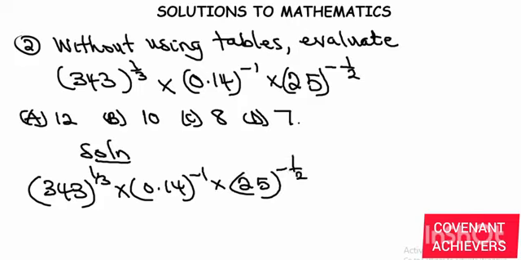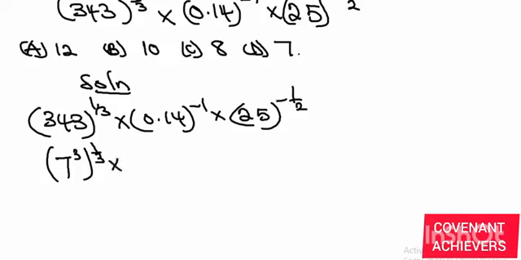Now, this is going to be 7 raised to power 3 raised to power 1 over 3. And the second one here is 14 over 100 raised to power minus 1.